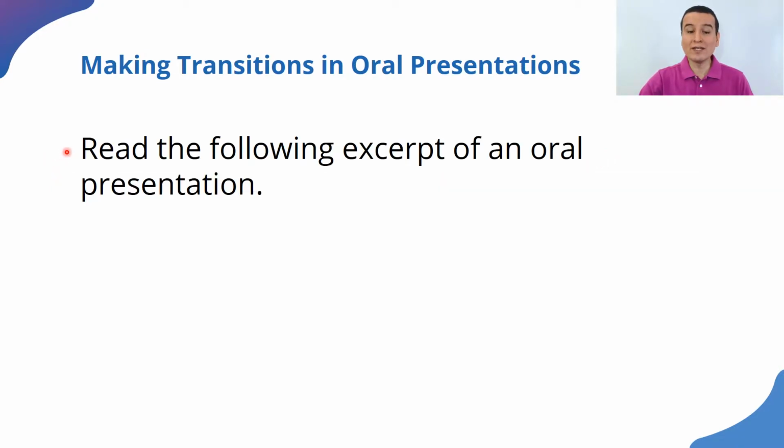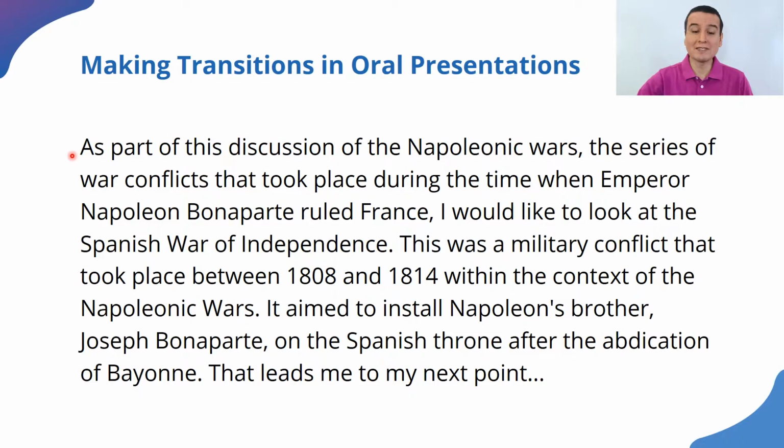Please now read the following excerpt of an oral presentation. Let's read it together. As part of this discussion of the Napoleonic Wars, the series of war conflicts that took place during the time when Emperor Napoleon Bonaparte ruled France, I would like to look at the Spanish War of Independence.